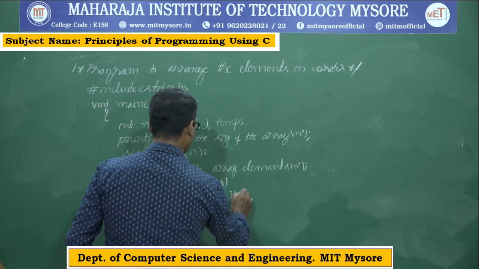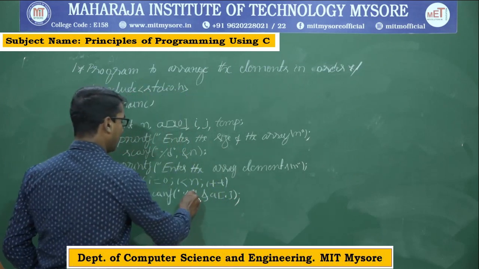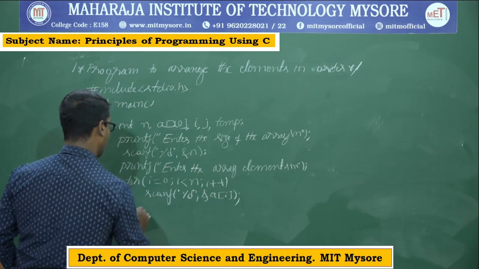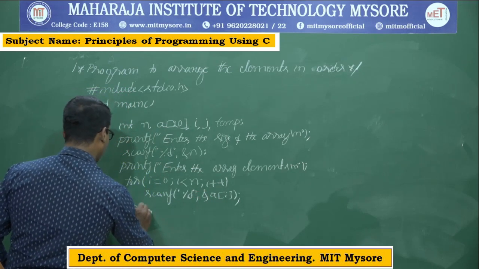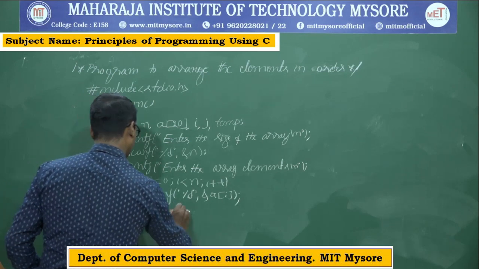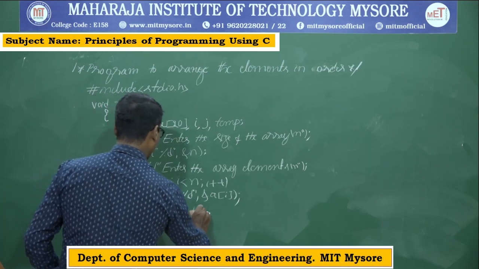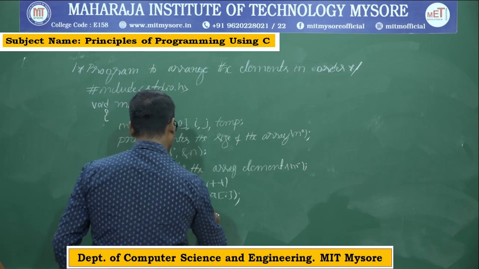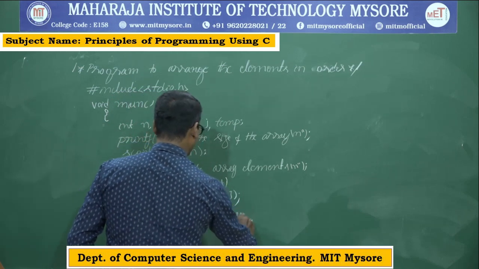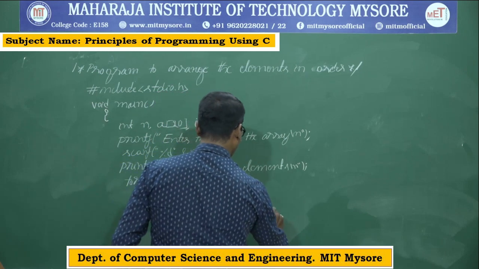So here we read n elements, and the n elements will be stored in the array variable a of i. After that I will print the entered array. printf "entered array as follows".